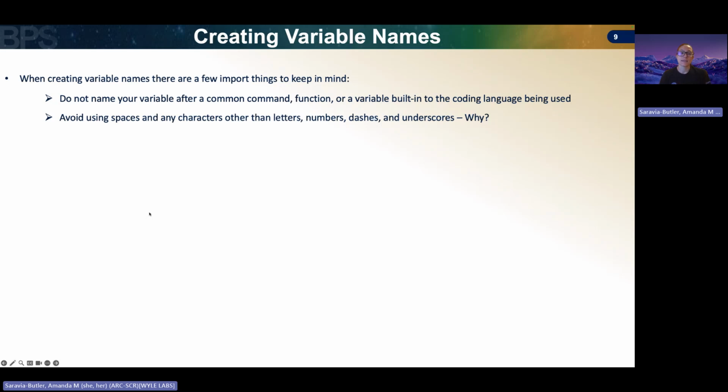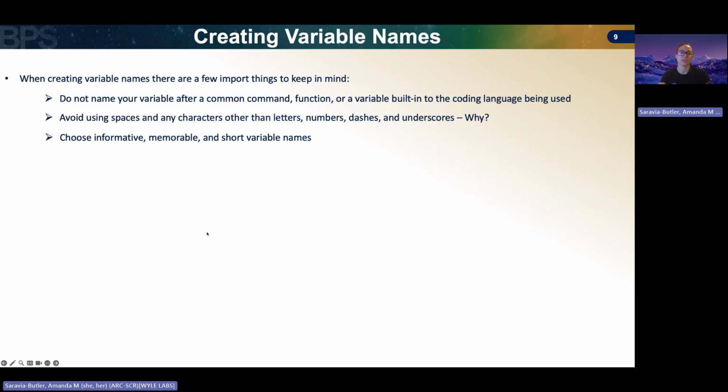You want to avoid spaces and any weird characters when naming variables. The reason for that is because, of course, spaces are special in Unix. So if you try to create a variable with a space, that space will not be included in the variable name. And any weird characters or symbols could be misinterpreted by the Unix interpreter.